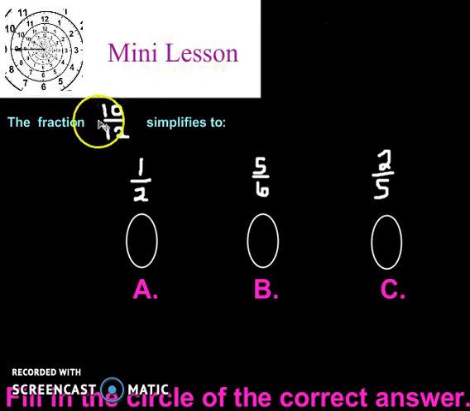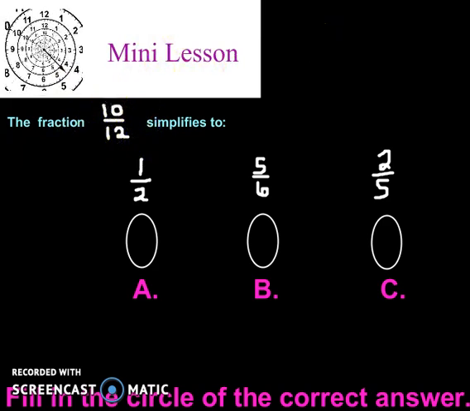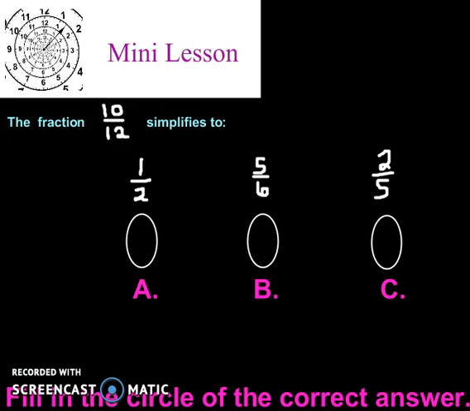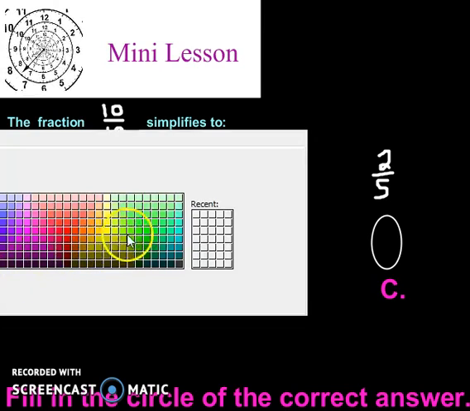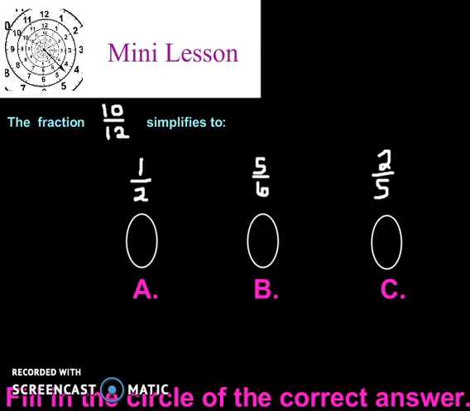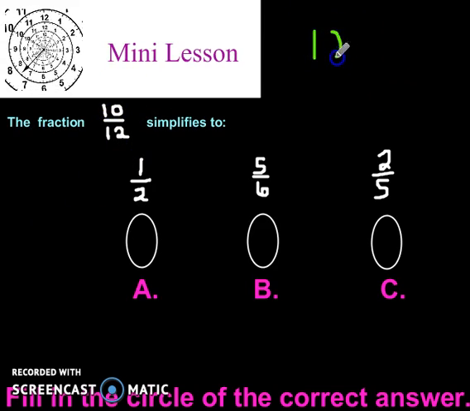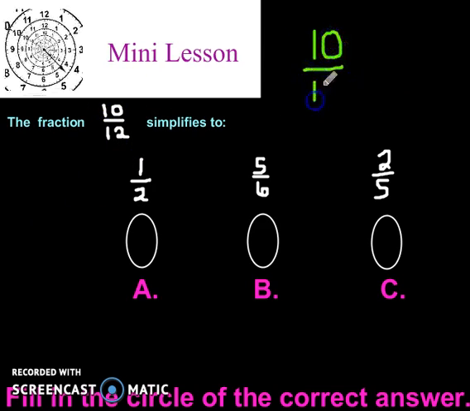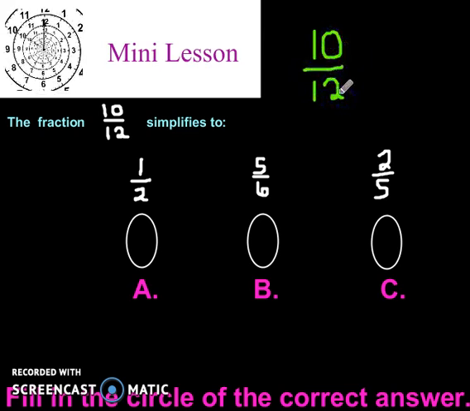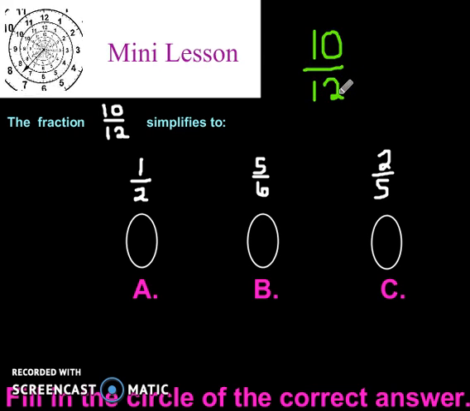So our mini lesson was how to simplify a fraction. And when we simplify a fraction, what we're trying to do is to get it into lowest terms. And if I want to put 10/12 into lowest terms, I have to think about what is the biggest number that goes into both 10 and 12.